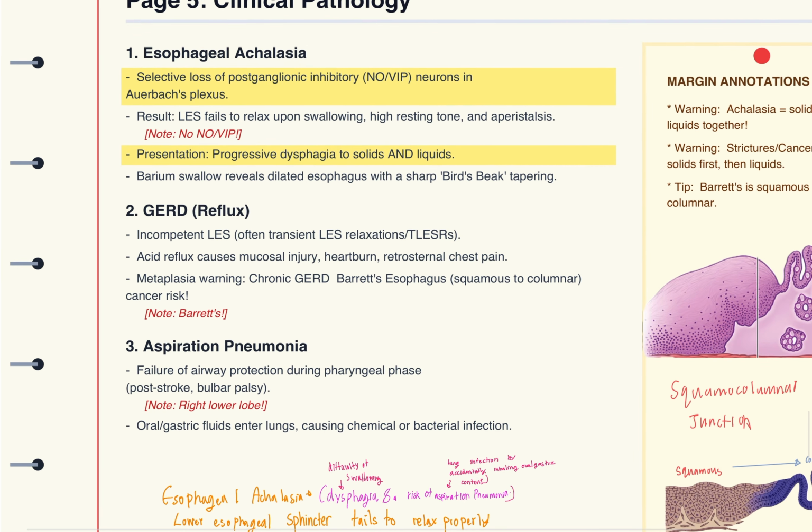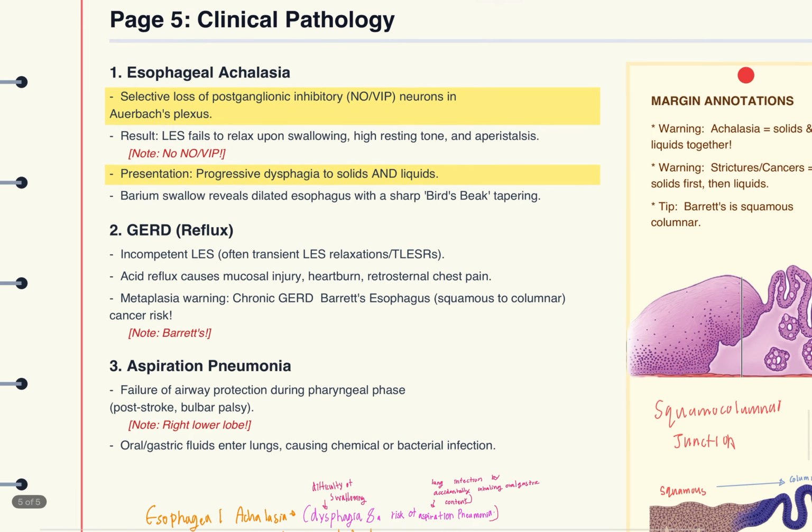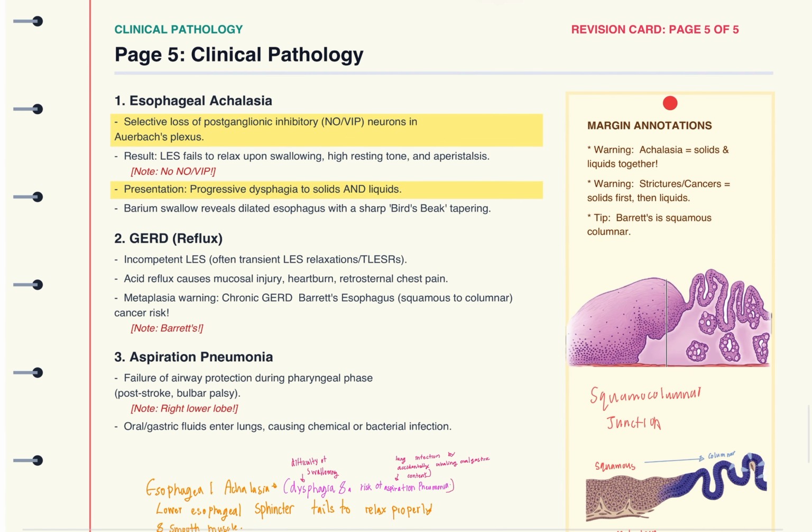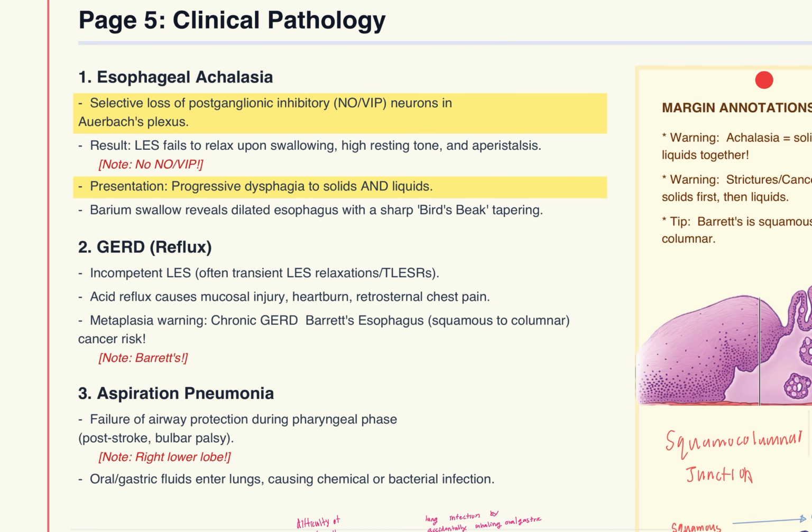If we talk about the clinical pathology of the esophagus, there is esophageal achalasia, which is a selective loss of postganglionic inhibitory neurons in the esophageal plexus. That will result in the lower esophageal sphincter failing to relax upon swallowing.